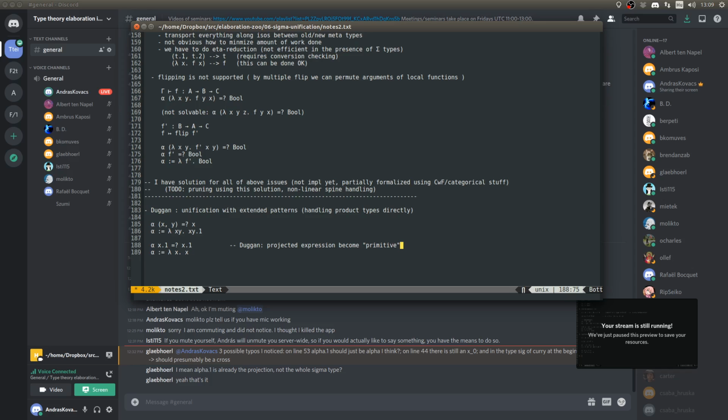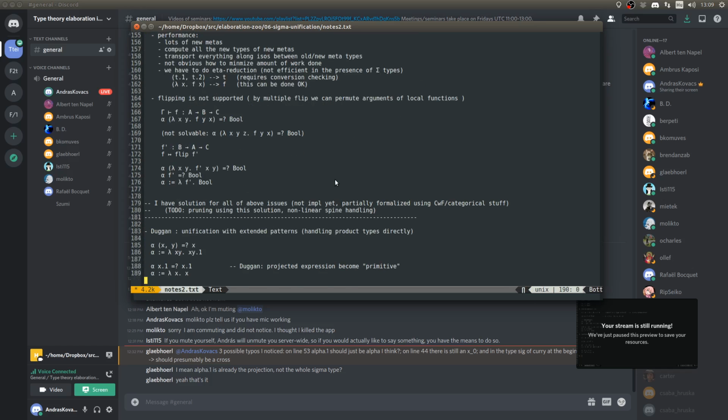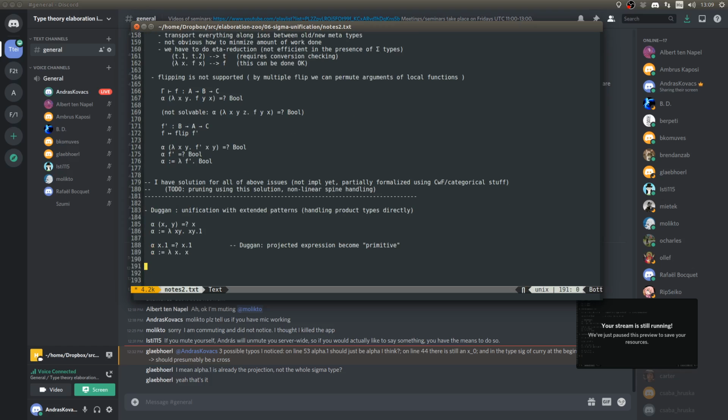And then I also have to handle mappings from projected expressions to projected expressions, as some kind of generalized substitutions, and it becomes a bit messy and ugly in my opinion. And this still doesn't do anything with flipping. And I haven't checked, but I think that this also does not work with axiom of choice. So it can do a direct solution only modulo this currying, or maybe the axiom of choice only in the Agda limited kind of way.